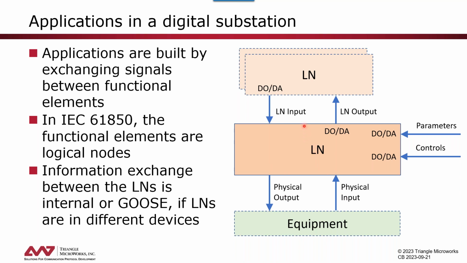Information exchange between the logical nodes, if that's within the device, that's typically done through software. If it's in different devices, then it will use GOOSE messaging, one of the communication services of IEC 61850.